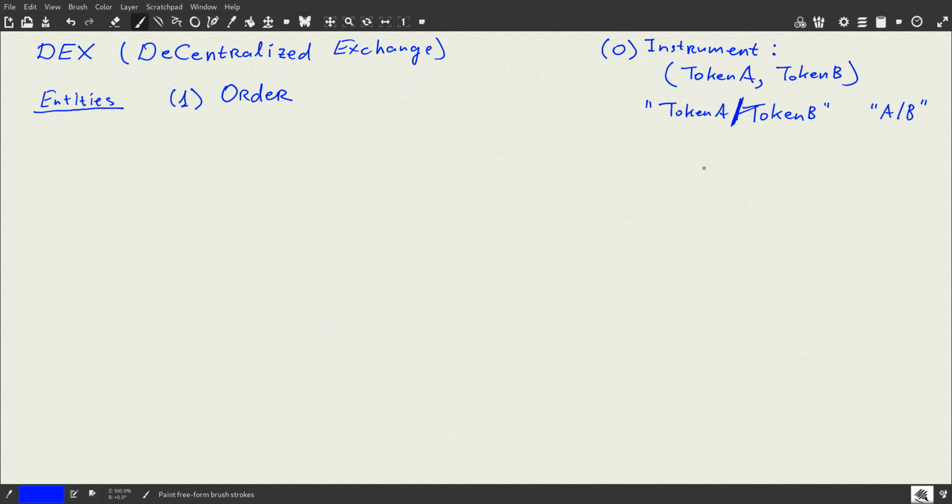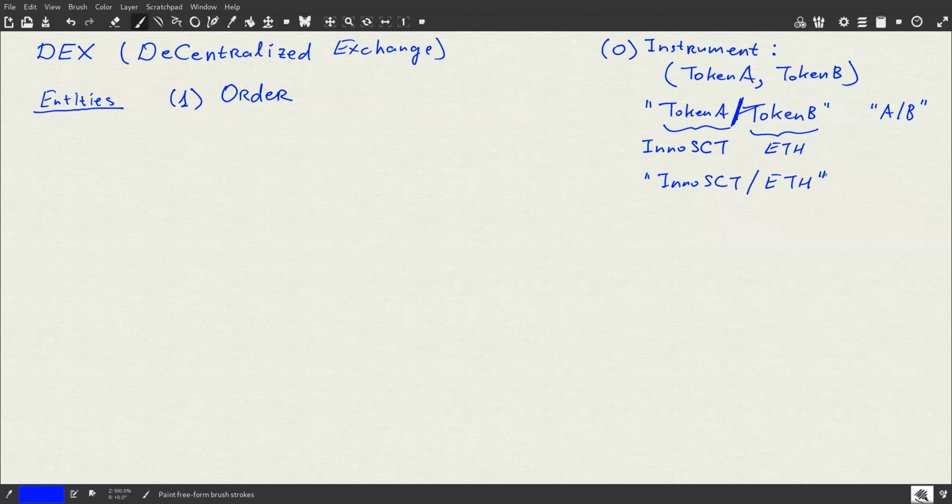For example, if token A is our Inno Sport Center token, SCT, right? And token B is Ethereum, then our instrument will really be Inno SCT over Ethereum.